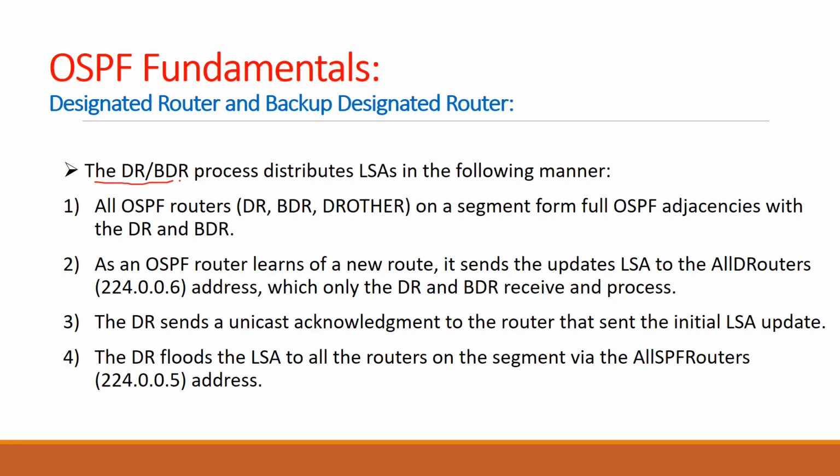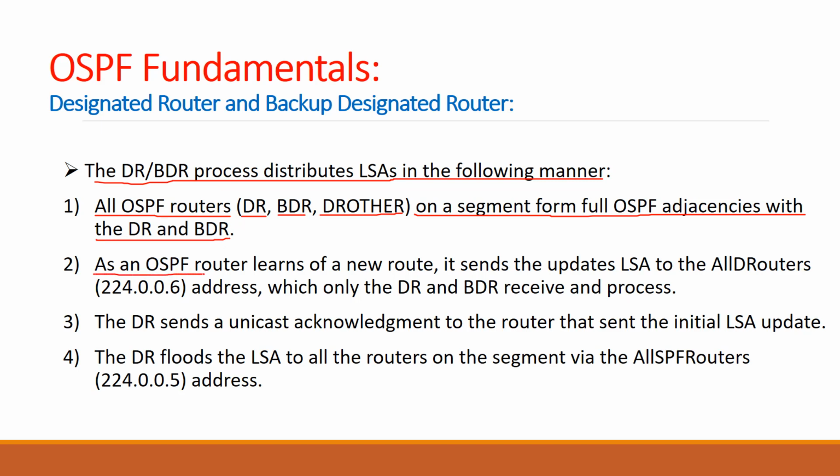So the DR and BDR process distributes link state advertisements in the following manner. All OSPF routers, DR, BDR, and DR other on a segment form full OSPF adjacencies with the DR and BDR.